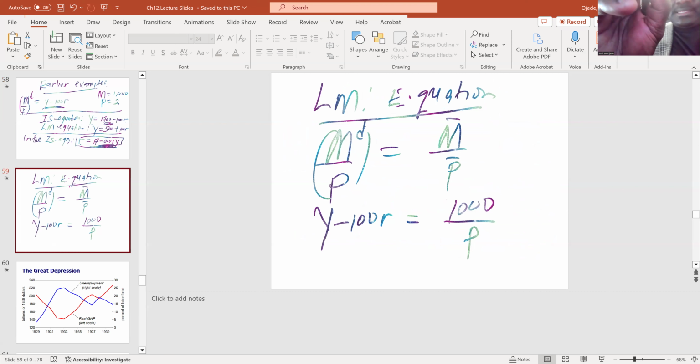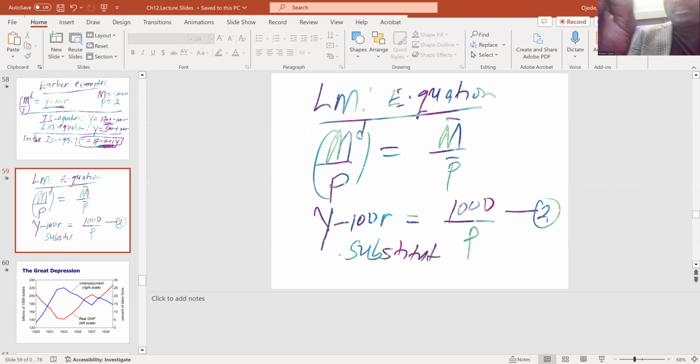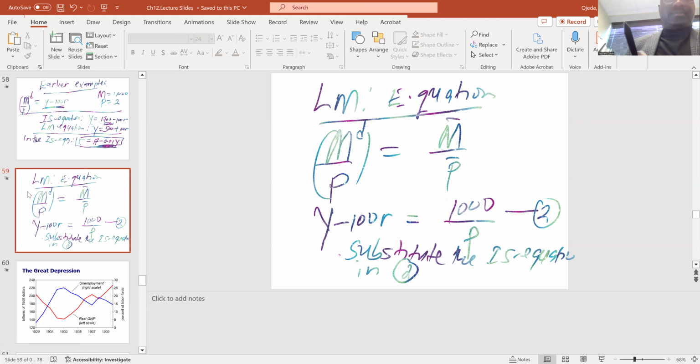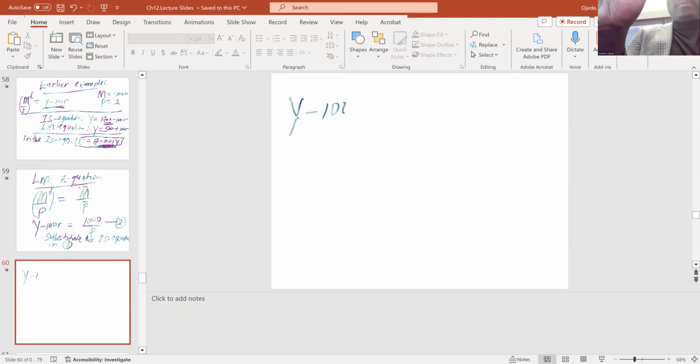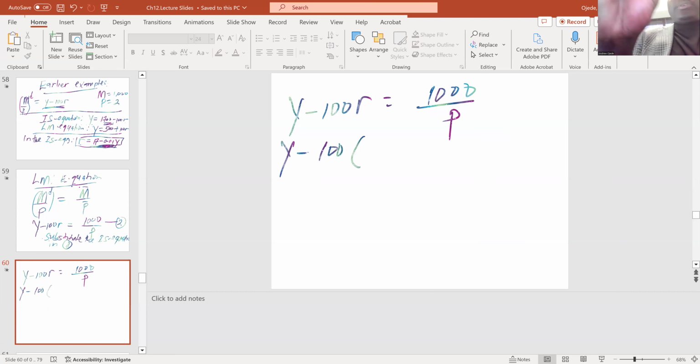Let's call this equation 2. I substitute the IS equation into equation 2. Then let me first duplicate it here: Y minus 100R equals 1,000 over P. So if I substitute the IS equation, R is given as 17 minus 0.01Y, and this must equal the right-hand side, which is 1,000 over P.